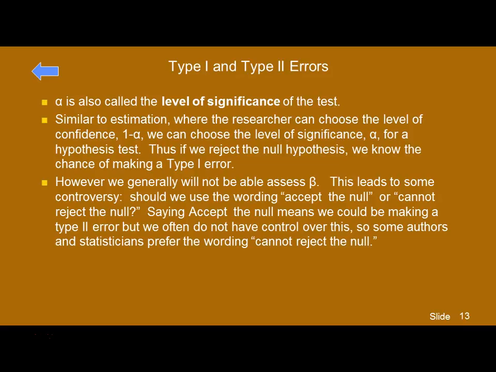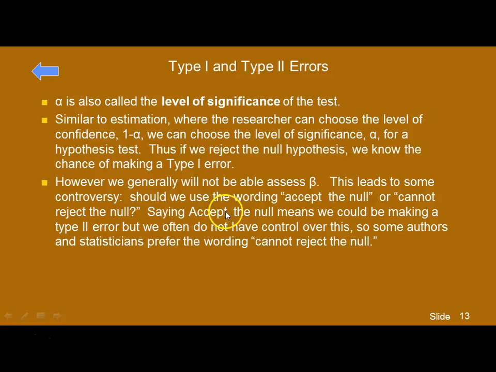Now this leads to a little bit of controversy. Sometimes people say, well, we're either going to reject the null or we accept the null, but some people don't like to use the wording accept the null. Some people, instead of saying we accept the null, prefer to say that we cannot reject the null or we fail to reject the null. You might say, what's the difference?